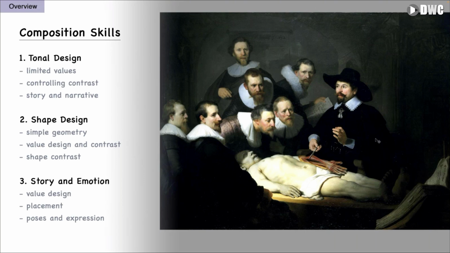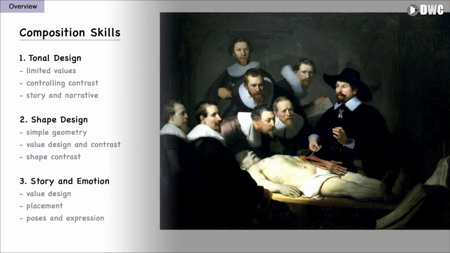He is one of the first to really emphasize a form of composition that is structured around simplified values. So tonal composition and tonal design is one of the ways that makes Rembrandt's work stand out so much, his beautiful and simple tonal design.